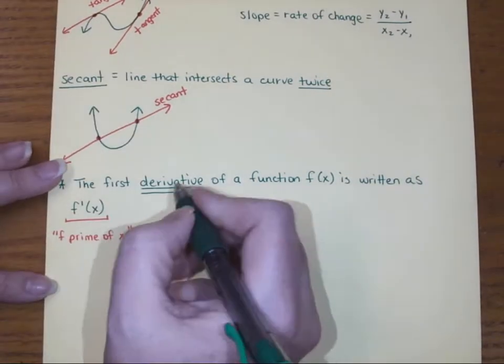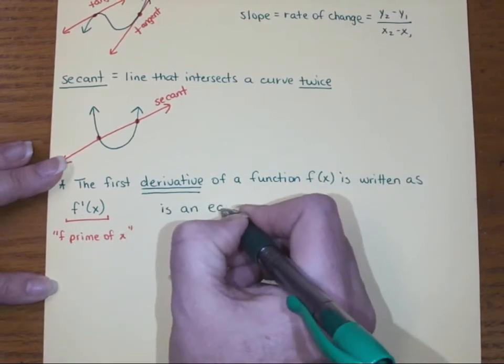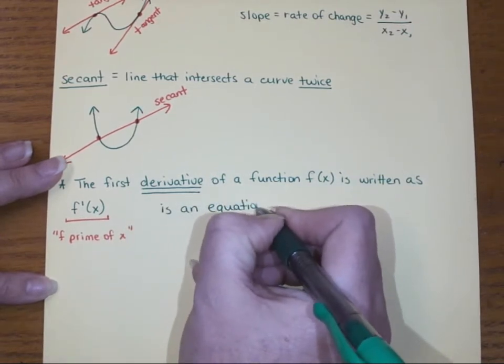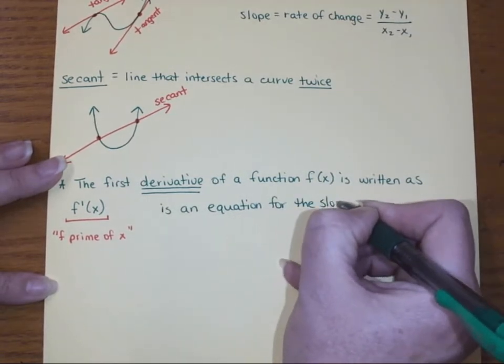Okay, but what is it? That's what we want to talk about. So what would that derivative be? Well, it's an equation for the slope of the tangent line at that point.